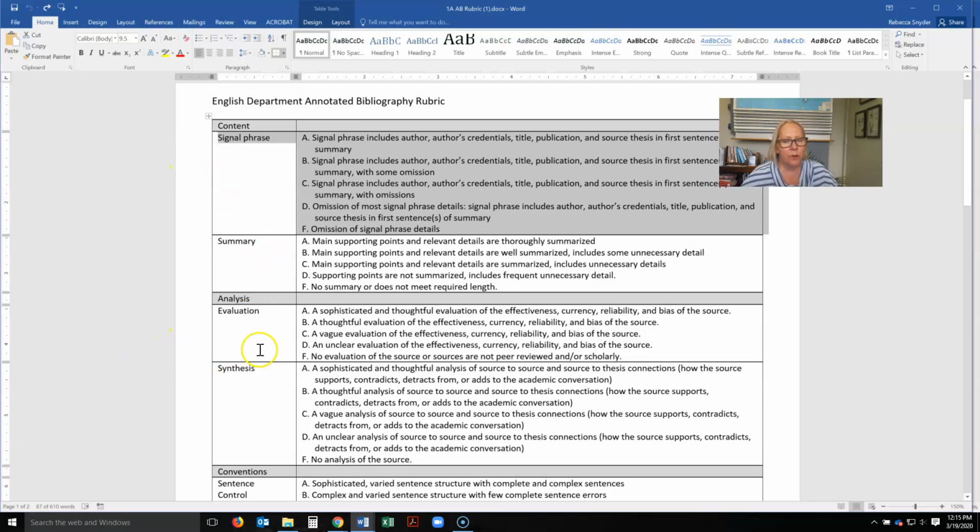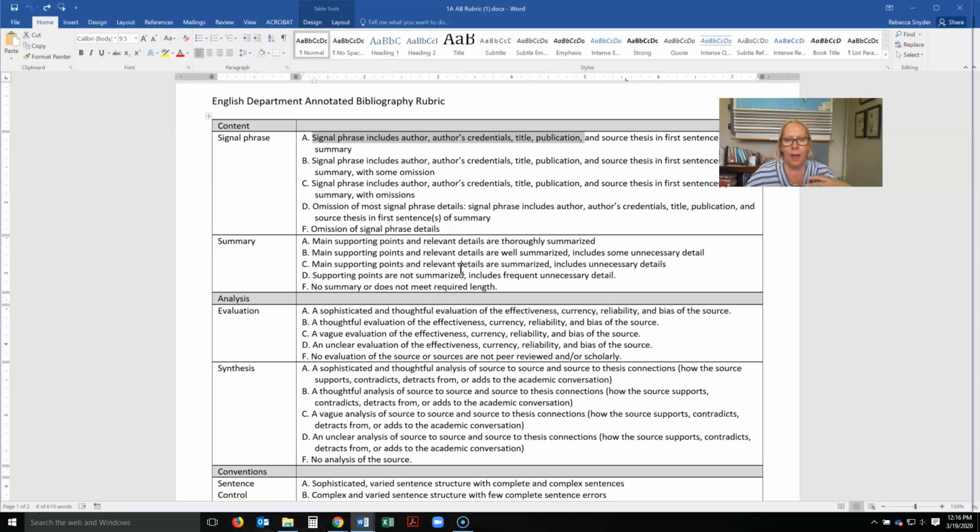So this first piece, just that first half of the sentence, is the who. Evaluate the author, the credentials, the publication. If you have the author's name and his credentials and the title and the publication title, all of that goes in there, along with some discussion of the author's qualifications.